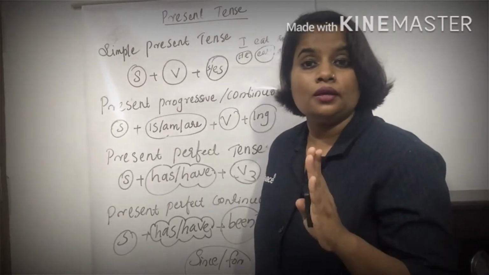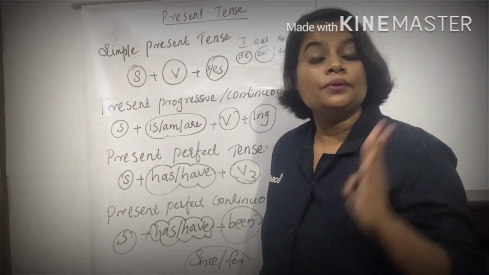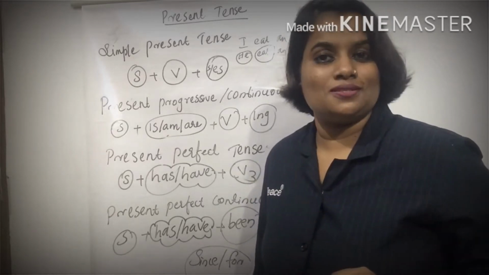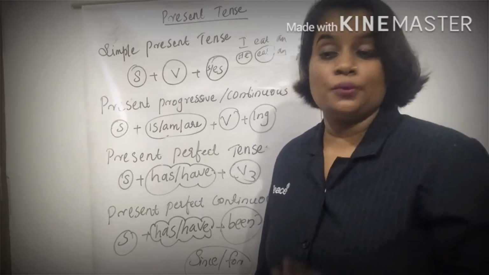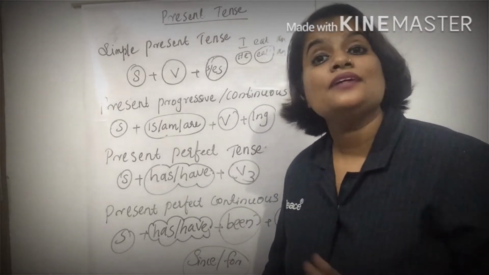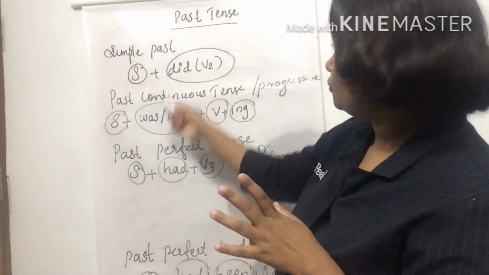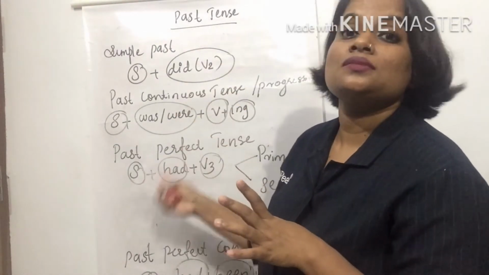And two main things we use in the present perfect continuous tense, yes, the two prepositions. What are the two prepositions? Since and for.